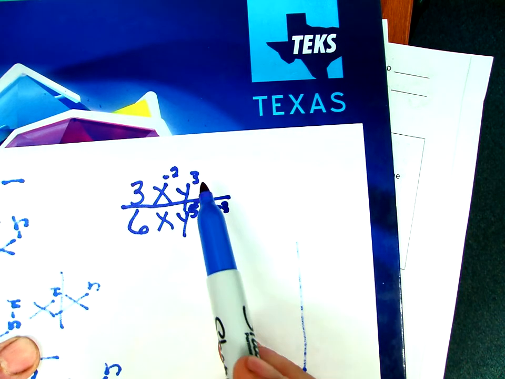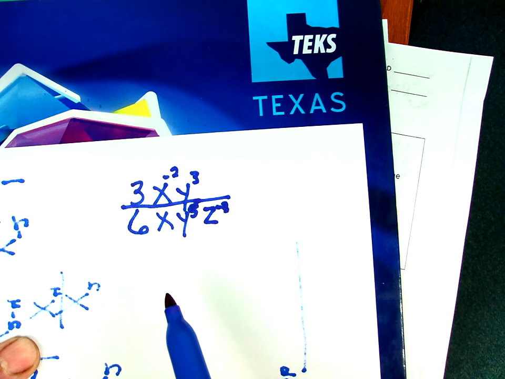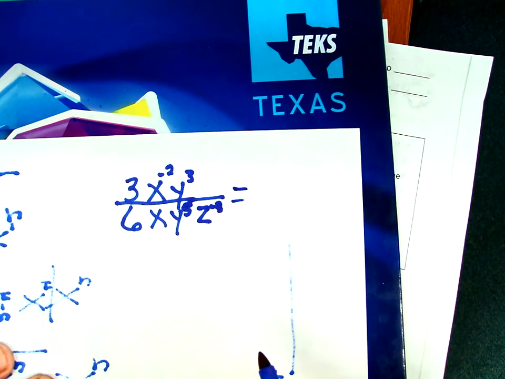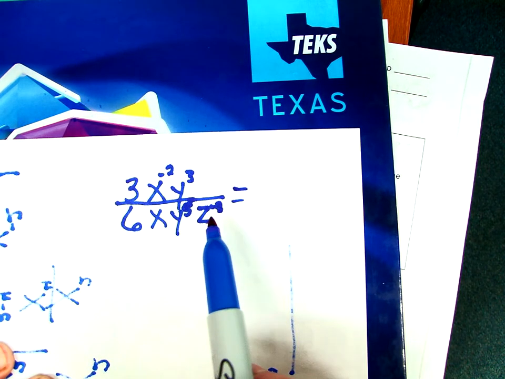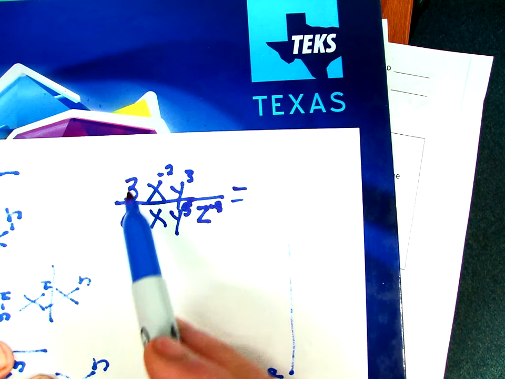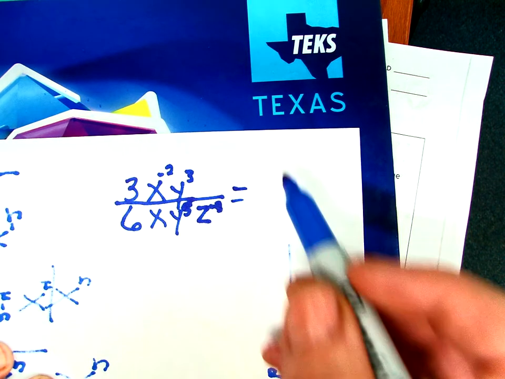Negative 2, positive 3. Positive 5, negative 3. So there's a lot going on right here. My suggestion would be, because you see these negative exponents, take care of them first. Rewrite this expression with everything where it's supposed to be to begin with.